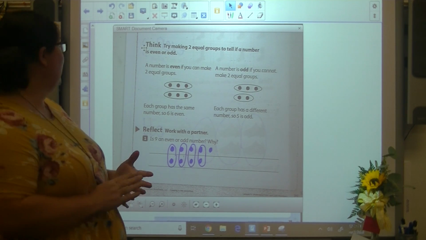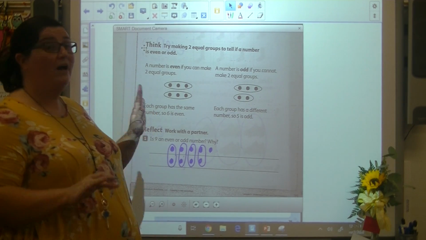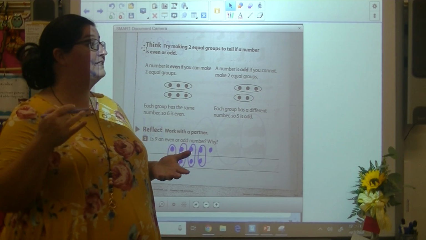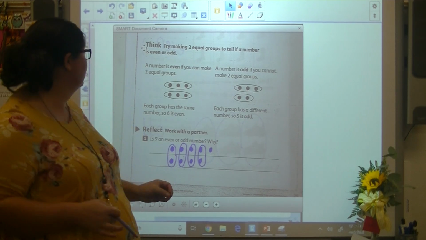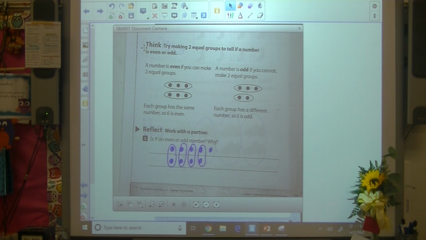Okay, I'm going to give you some to practice. I will have the pairs, and you will decide if that number is even, an equal number in the group, or if it is odd. Let's look at it one more time.